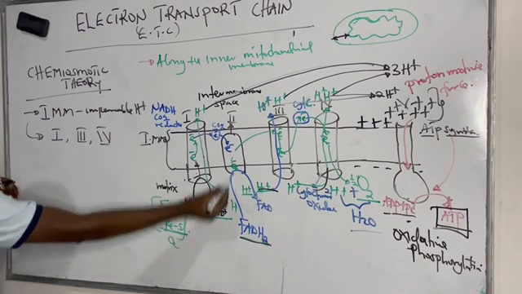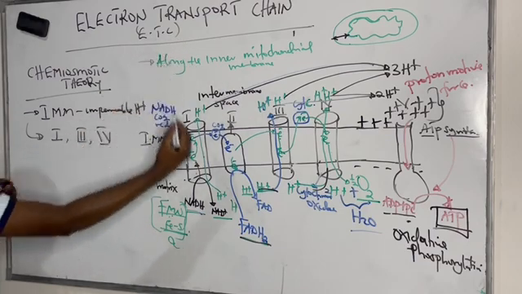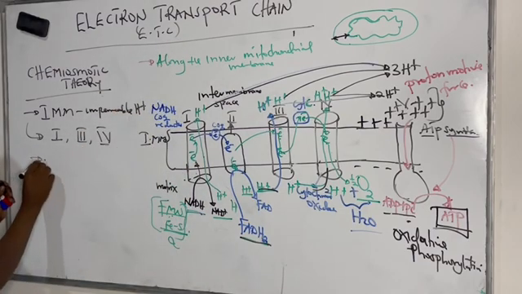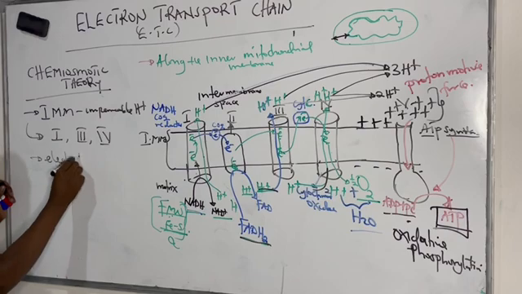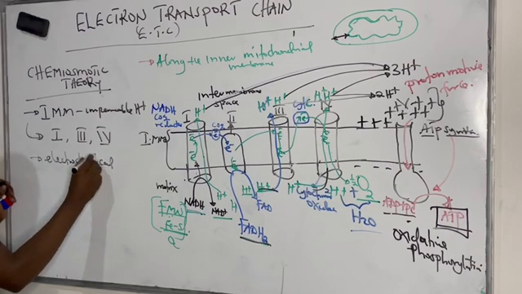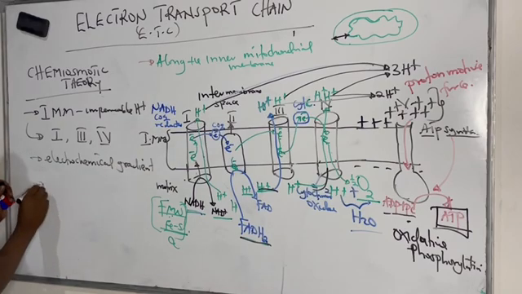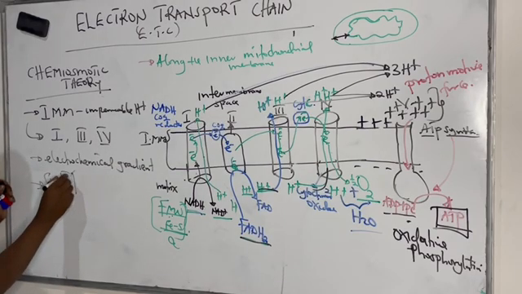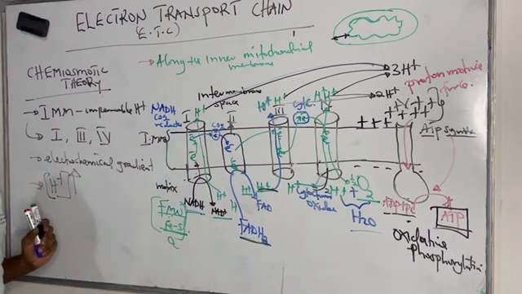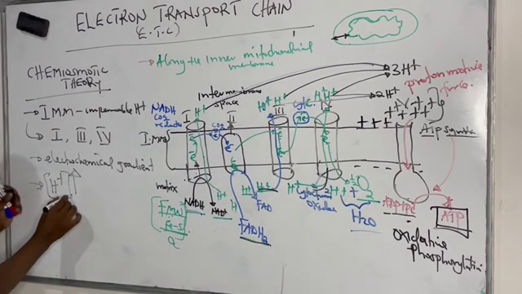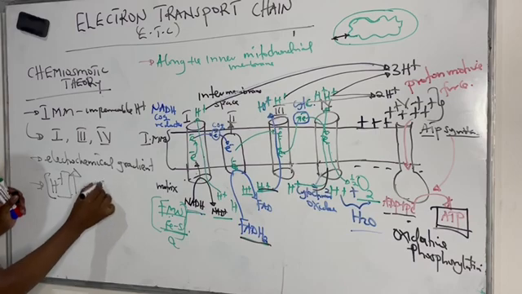And because we see movement only outside but not coming back, it creates an electrochemical gradient. And with this electrochemical gradient, these protons accumulate at a high concentration in the intermembrane space. When they accumulate, they cause a proton motive force.